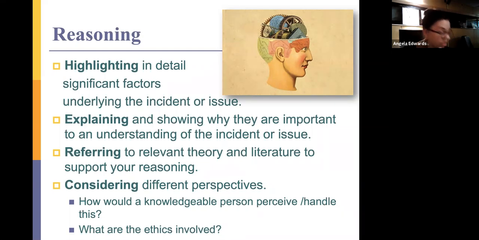So referring to relevant theory, of course, and literature to support this reasoning. As master's students, this is what you're doing on an ongoing basis. And of course, very importantly, considering different perspectives. So how would a knowledgeable person perceive this, and also what are the ethics involved?